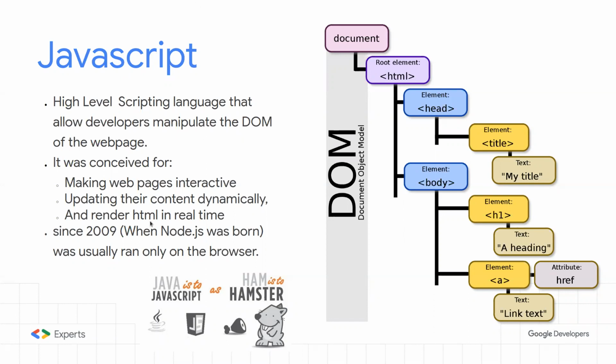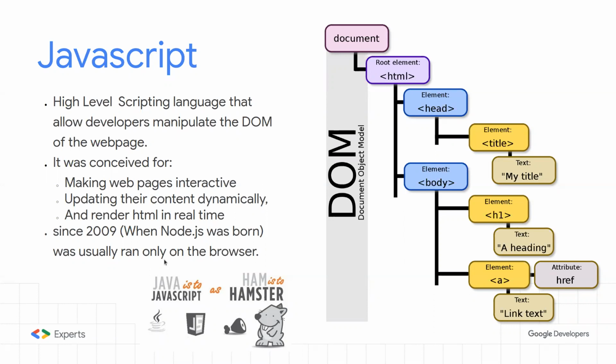You know, when you load the web page in the browser, what happens internally is that Google Chrome, or whatever browser you are running the app in, generates this kind of tree that represents the structure of your web page, and you can access each element and modify their properties dynamically using JavaScript. So this is actually one of the reasons why this language came about.